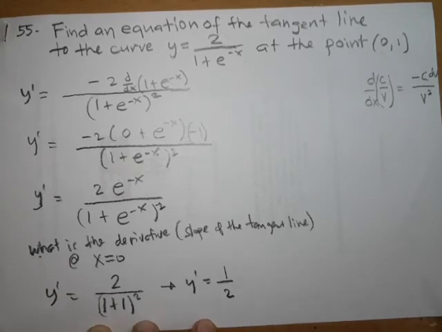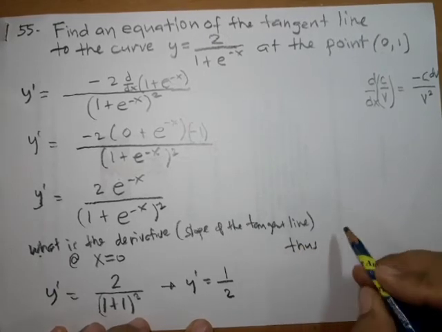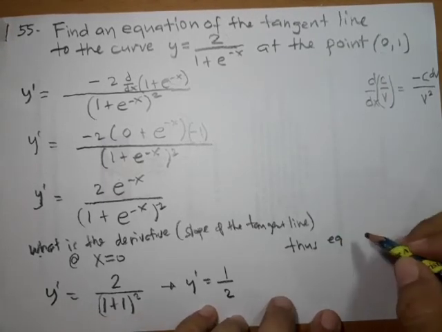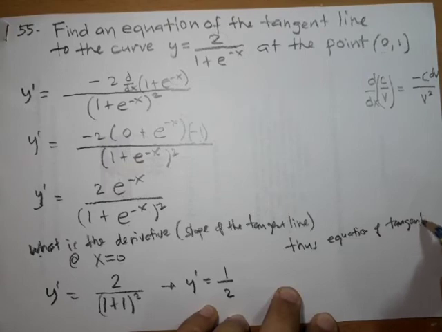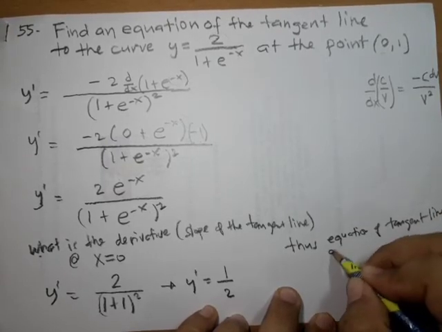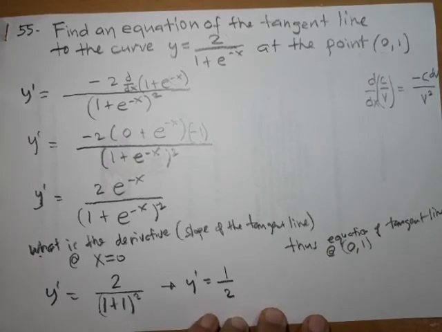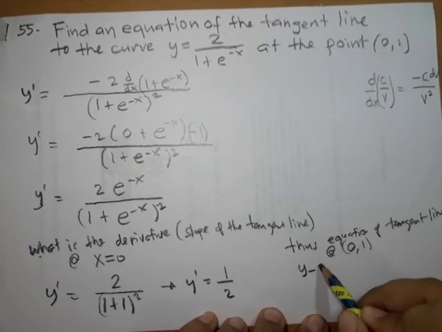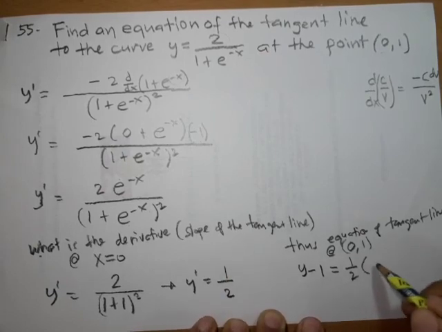So we can now have the equation. Thus, the equation of the tangent line at (0, 1), using the point-slope form, is y minus y1, which is y minus 1, equals the slope, which is 1 half, times x minus 0.